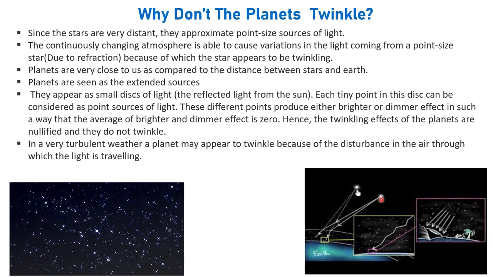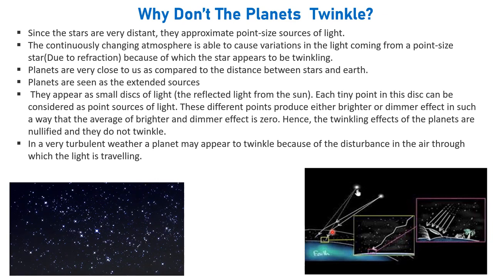Here, let me draw two rays coming from the star. The two rays change velocity: the velocity of light is more in vacuum, but as soon as it enters the atmosphere, due to the density of the atmosphere, the velocity of the light decreases or increases.